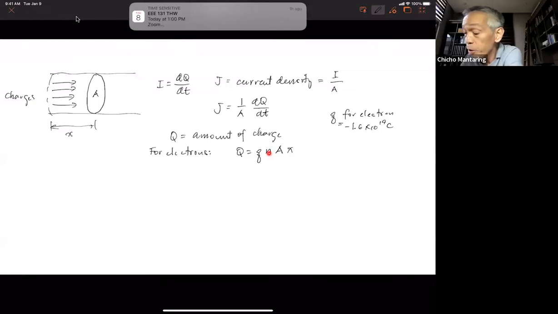So you have to multiply n by the volume, the number of cubic centimeters, to get the total number of electrons in that particular volume. And if you multiply that by q, you're going to get your total charge. Now, what is your volume? Your volume is your cross-sectional area multiplied by x. And therefore, what is dq/dt? It will just be equal to q n A dx/dt. But what is dx/dt? dx/dt is actually your velocity.